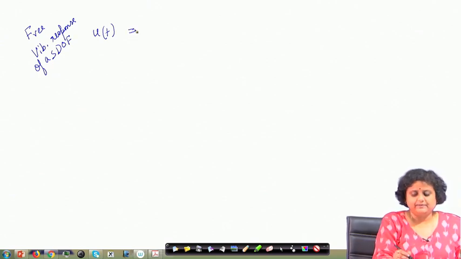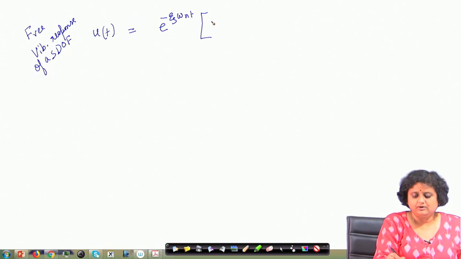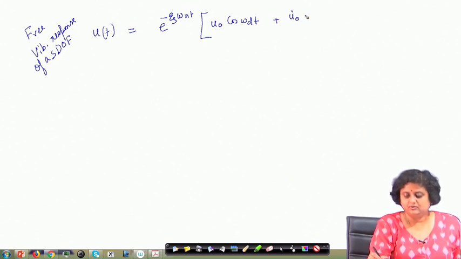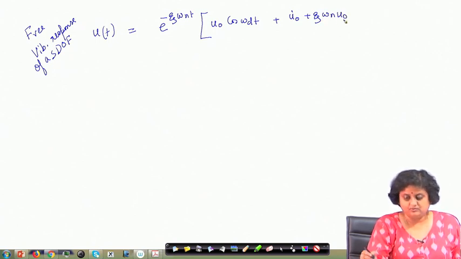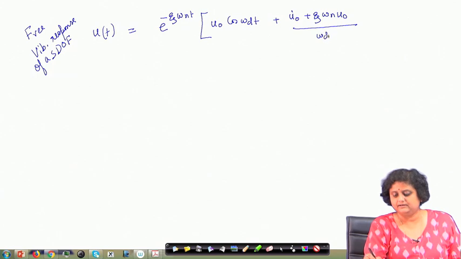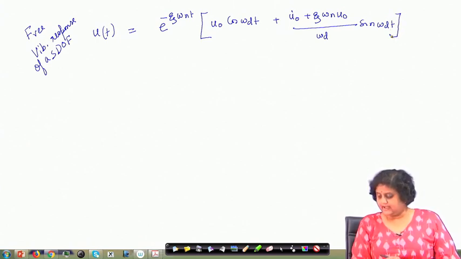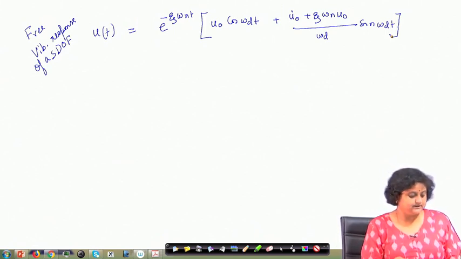So, u(t) is going to be e to the power minus zeta omega n t into u0 cos omega d t plus u dot 0 plus zeta omega n u0 by omega d into sin omega d t. So, this has been discussed earlier and we have derived this equation earlier.